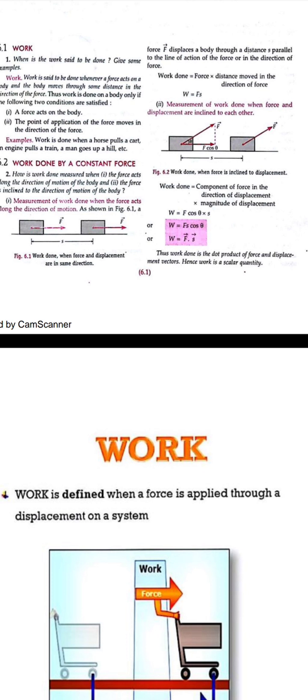And if you want to push an object, that is, you are applying the force in the away direction, then the object will also move in the away direction. So the body is displacing in the direction of the force itself, right?